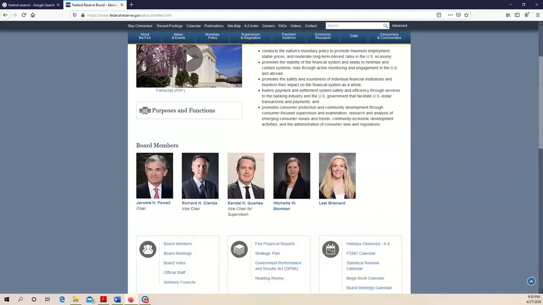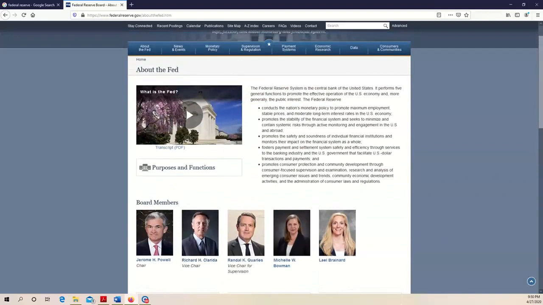That means the US federal government, the White House, should nominate 2 more candidates for board members, and of course, they must be confirmed by the US Senate. There's supposed to be 7 members, but now we only have 5. And the current chair is Jerome Powell.